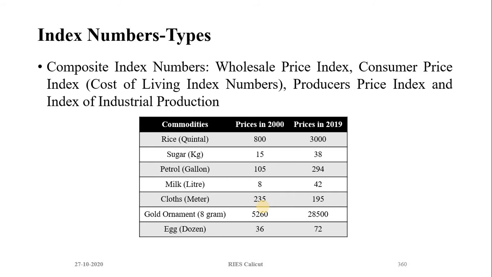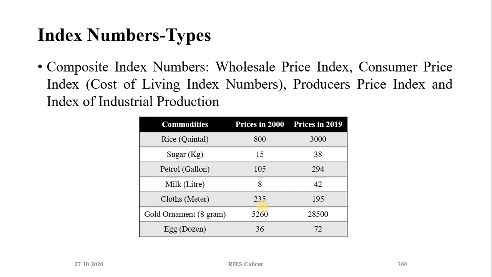For example, if we look at the earlier table, you can see there are a large number of different commodities, and we can find out whether the prices of these commodities have increased between two different periods, 2000 and 2019. Here I am comparing the prices of a group of commodities between 2 years.